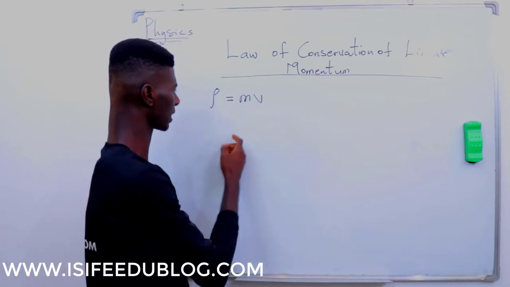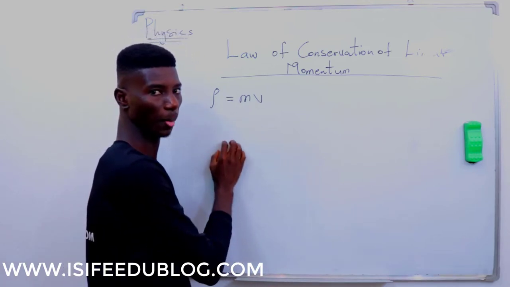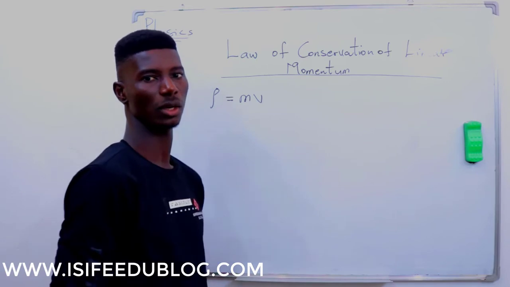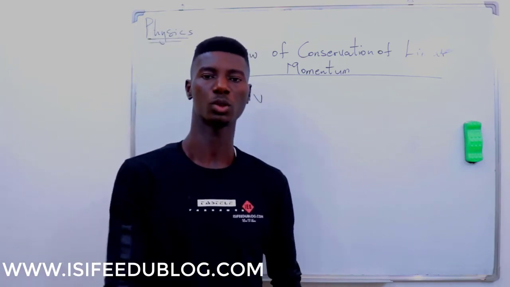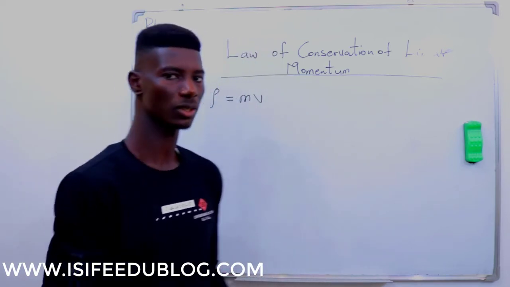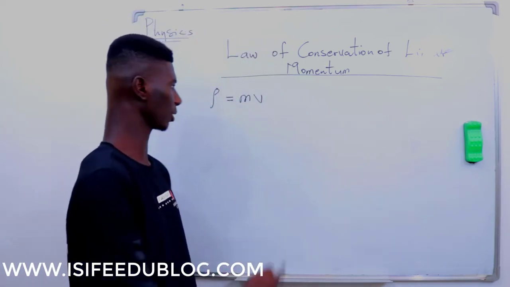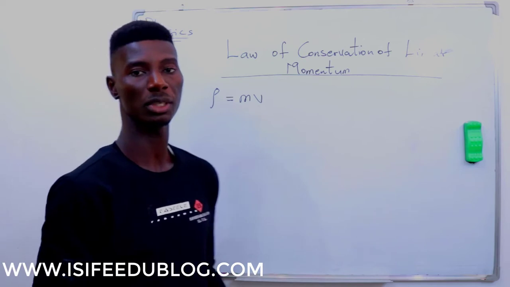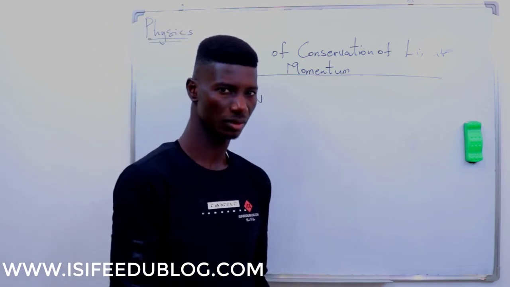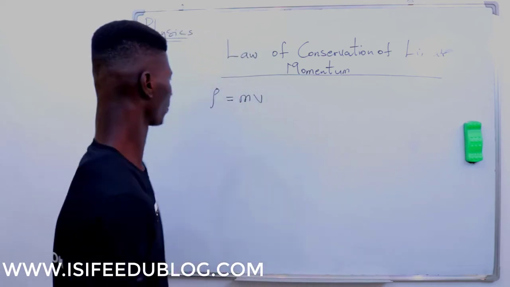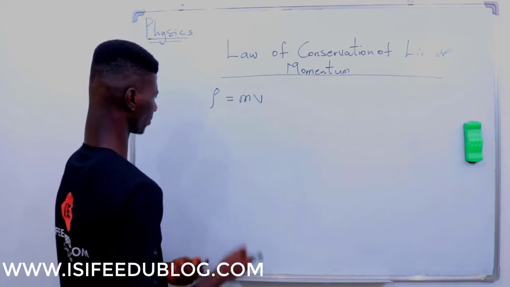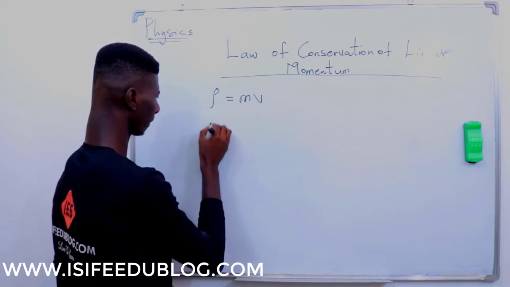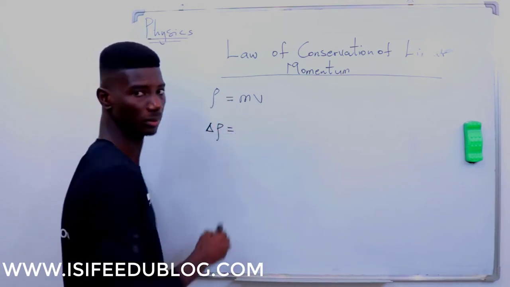So if you are told that a body is moving with a velocity of 20 meters per second to the north, and you are given the mass of the body, and you are asked the direction of the momentum, the direction of the momentum is also to the north. Note that.